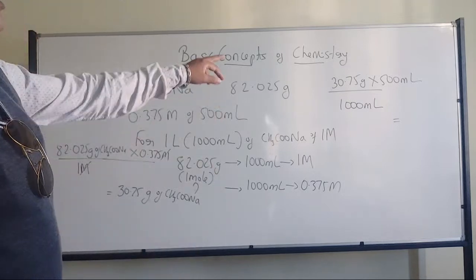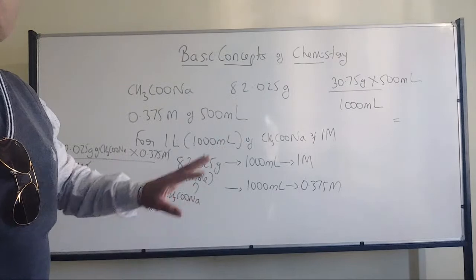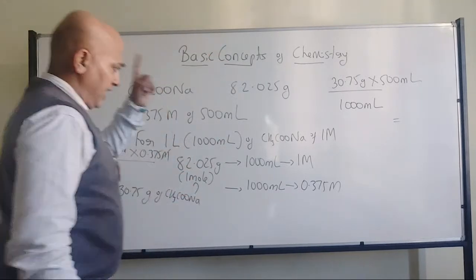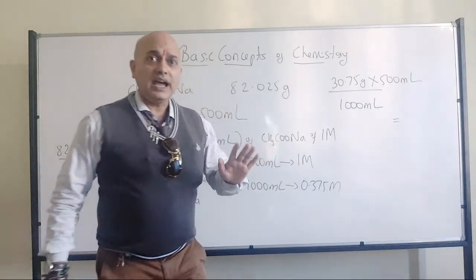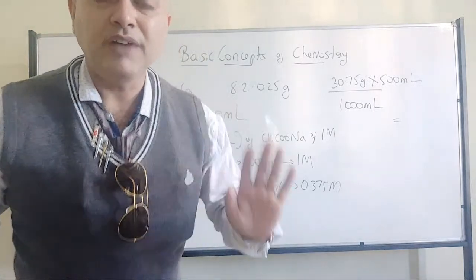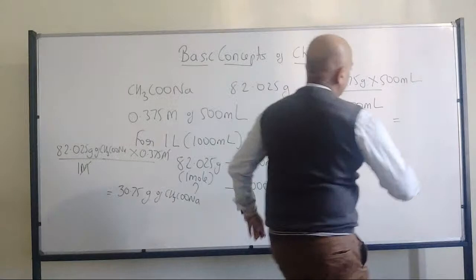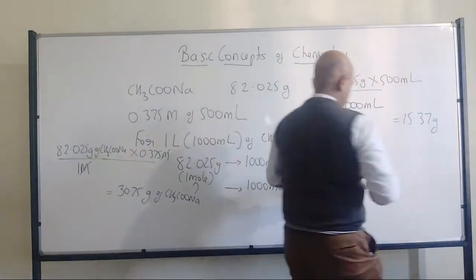So for 1000 ml, it is 30.75 grams of sodium acetate. For 500 ml, how much? But the final molarity will remain the same. All of you have understood? Very good. So it will be 15.37 grams.